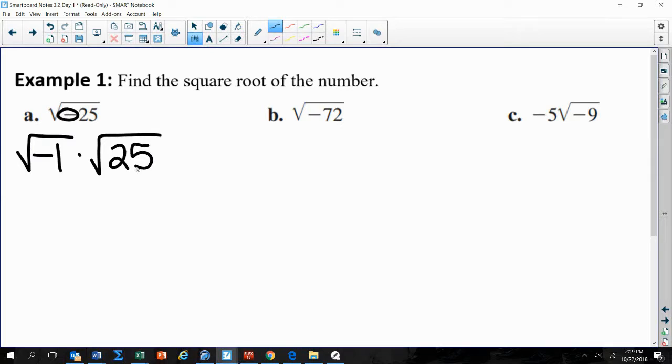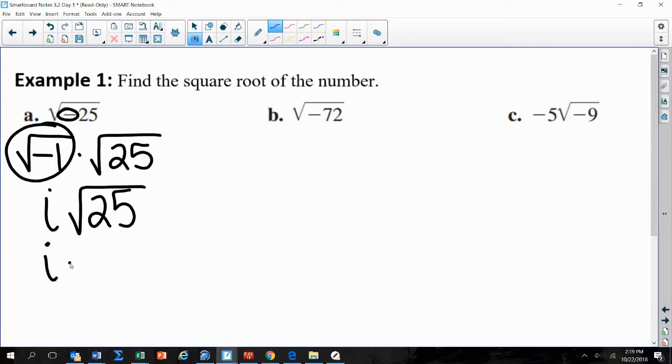See how I just broke negative 1 and 25 apart? Okay, so what is the square root of negative 1? i. So see how every time you see a negative underneath the radical, you can just replace it with an i out front. Now, that looks a little bit nicer. What is the square root of 25? It's 5. Okay, so I have i times 5, which would be 5i, and I'm done.